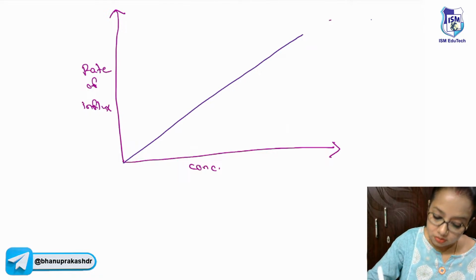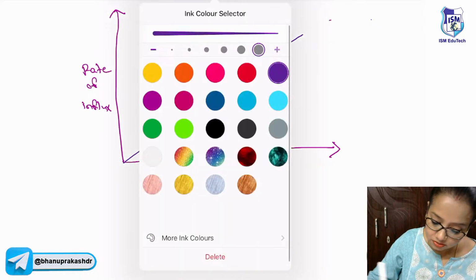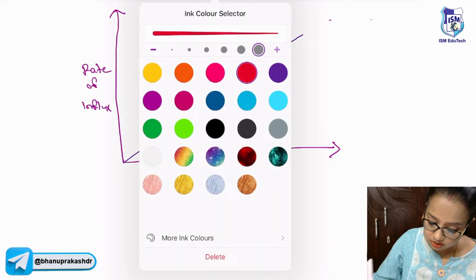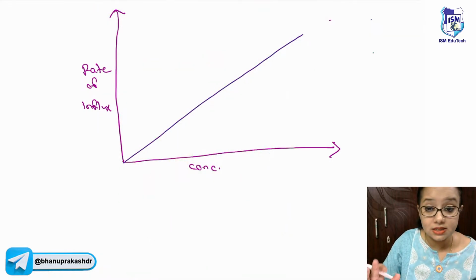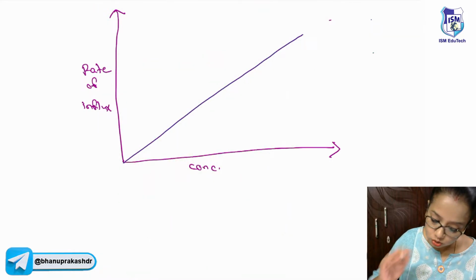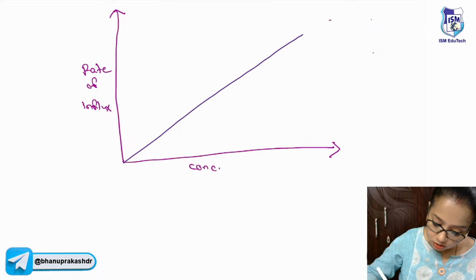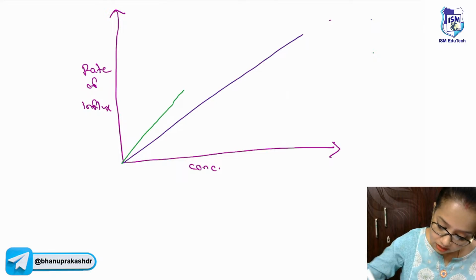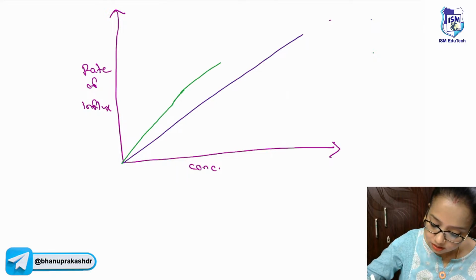Whereas facilitated diffusion follows a different kinetics. It is carrier dependent, right? Initially, when the concentration is low, it pretty much follows the simple diffusion pattern. It increases as long as the concentration increases.